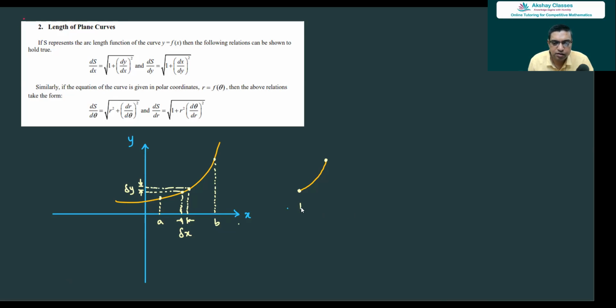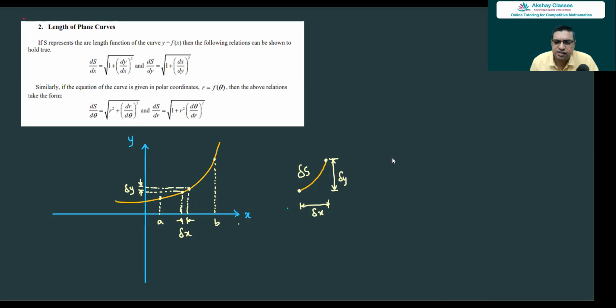Okay, this is delta x and this is delta y, and this arc length, let it be s.